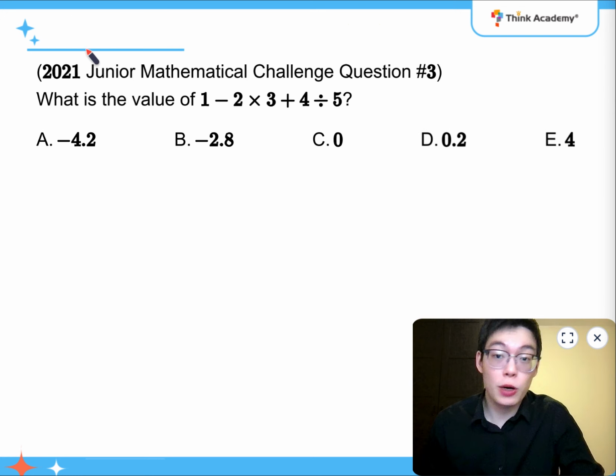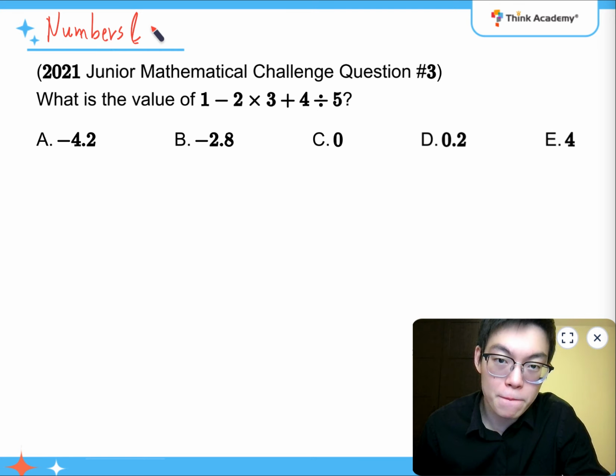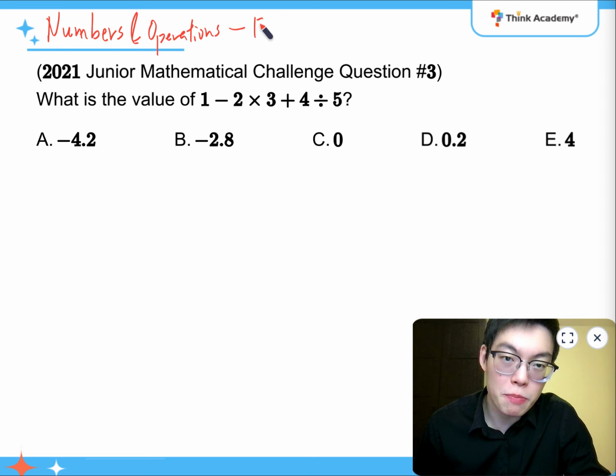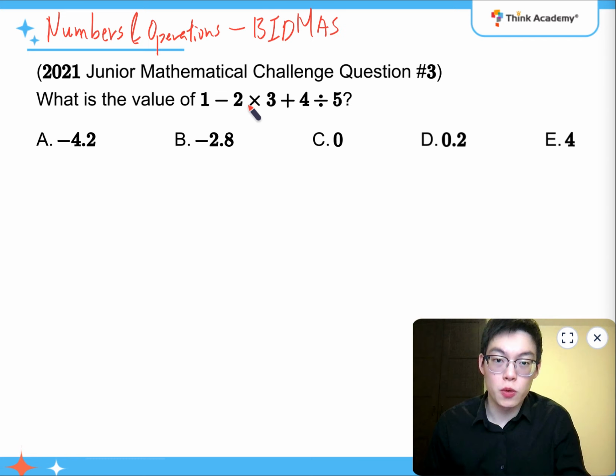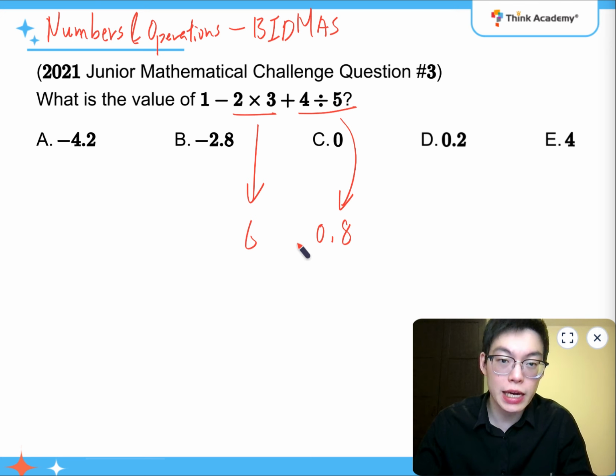And then for the third one, again, a numbers and operations question. It's about BIDMAS this time. So we need to multiply 2 and 3 first, and then 4 divided by 5 as well. 2 times 3 is equal to 6. 4 divided by 5 is 4/5, which is 0.8.